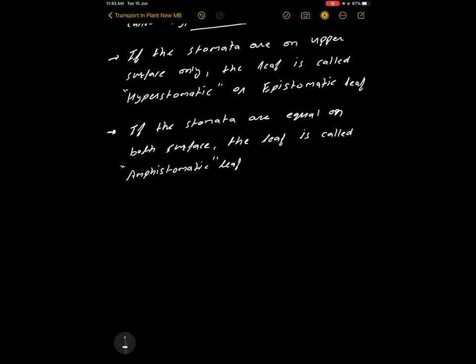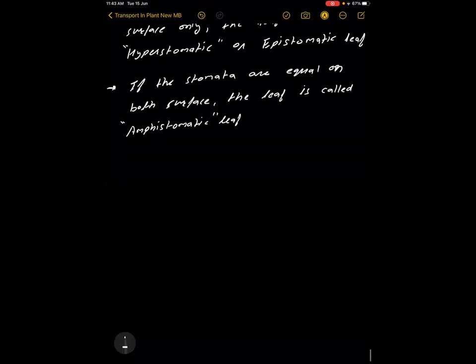This type of stomata is called photoactive stomata. Not phototrophic, because phototrophic is related with movement. It is photoactive, which means in the presence of light they are active.